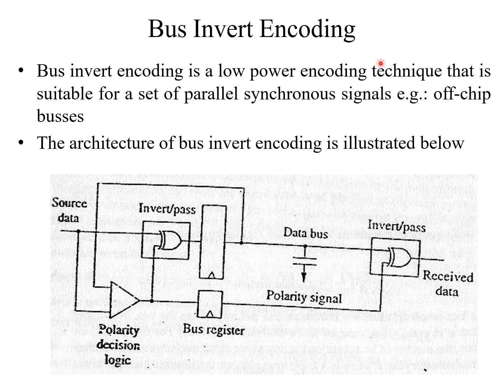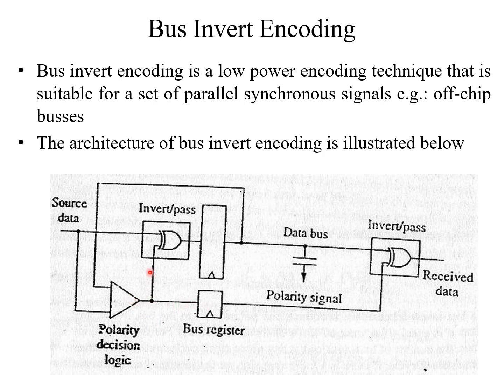The next concept is bus invert encoding. What is meant by bus invert encoding? Bus invert encoding is a low power encoding technique that is suitable for a set of parallel synchronous signals, for example shift buses. The architecture of bus invert encoding is illustrated below. You have a register, invert passes the source data directly, this is exclusive OR, and this is the polarity decision logic.